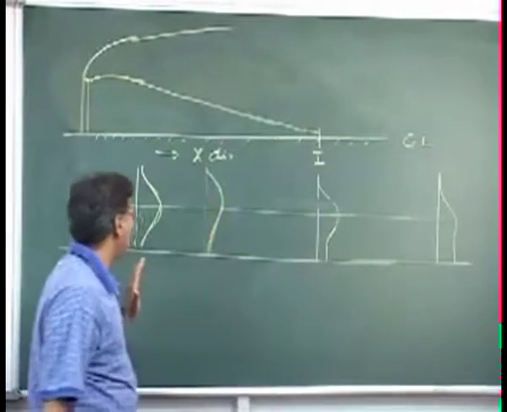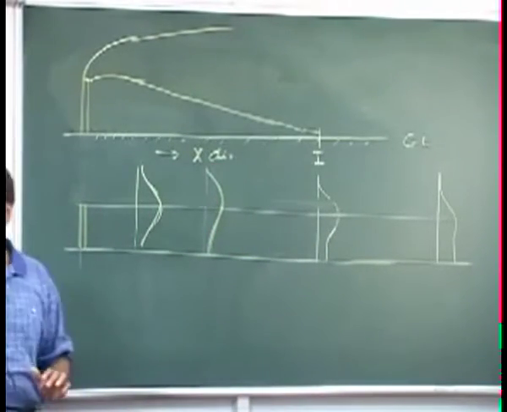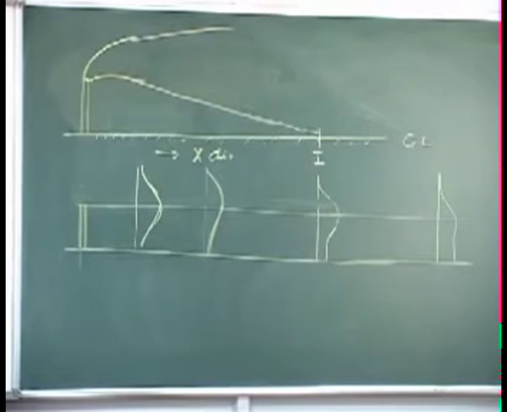So, in the equation which I wrote earlier, we had not considered ground reflection. So, we have to consider the ground reflection also, that is, how much could be the change in the concentration because of the reflection from the ground.